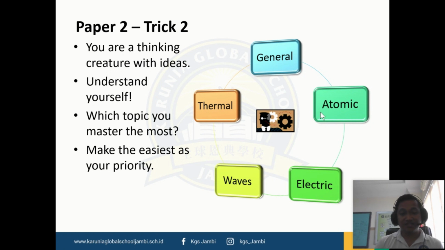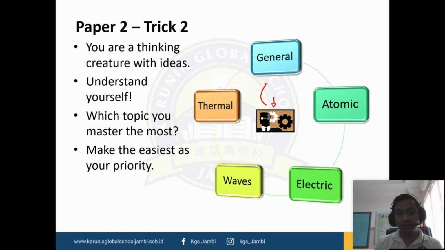Okay, you are thinking creatures with ideas. So that means you have to understand yourself as a person, in which topic you master the most.